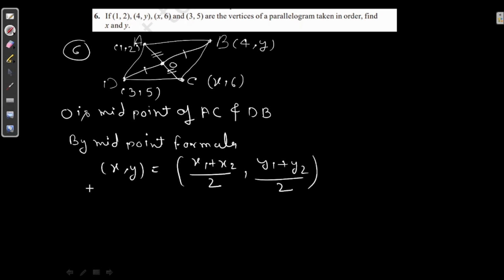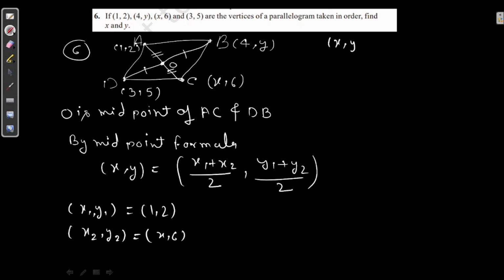So I am going to find point O taking A and C as (x1, y1) and (x2, y2), meaning I am taking (x1, y1) as (1, 2) and (x2, y2) as (x, 6). So I am finding the midpoint of A and C and applying the formula here.